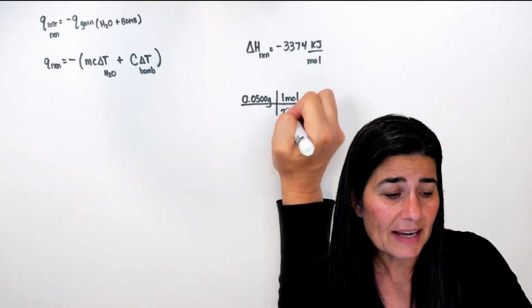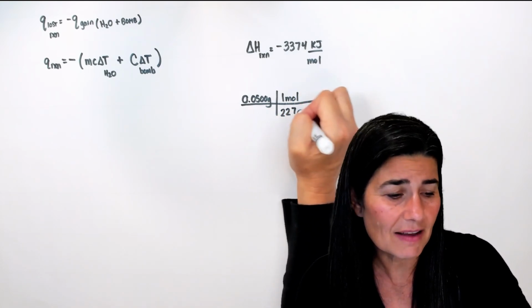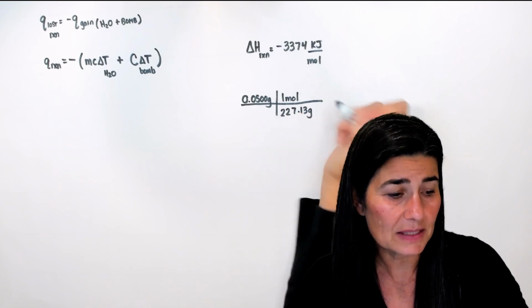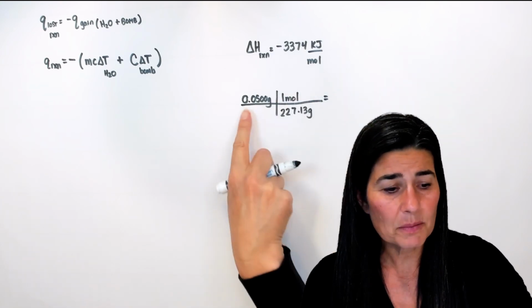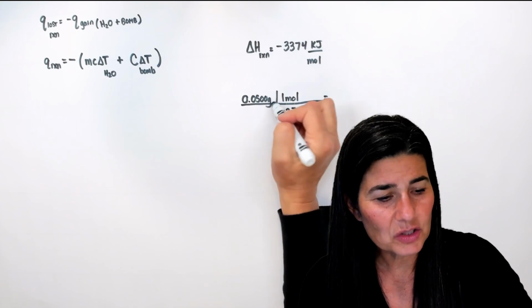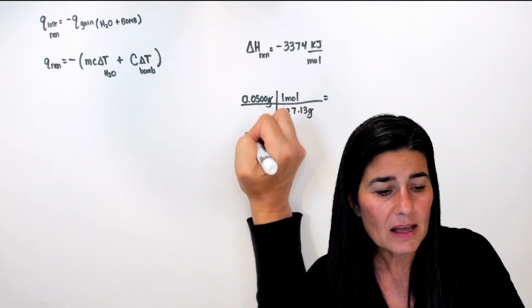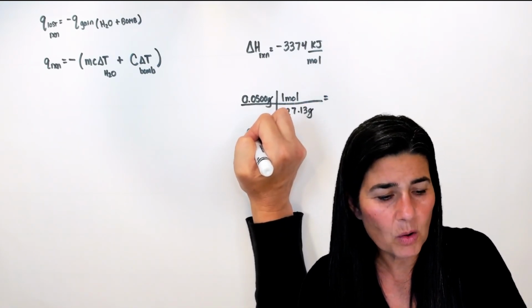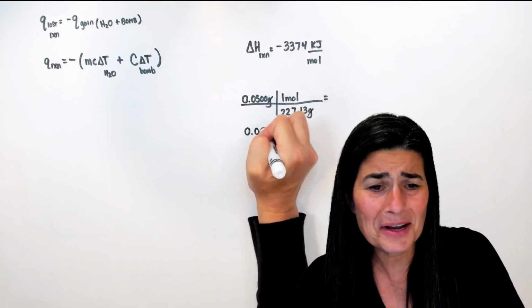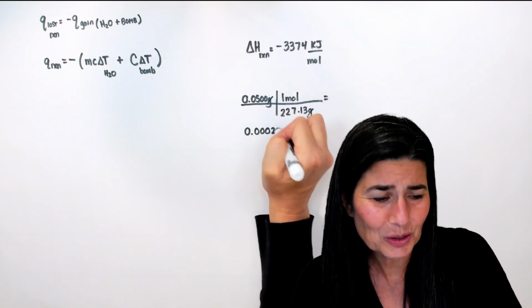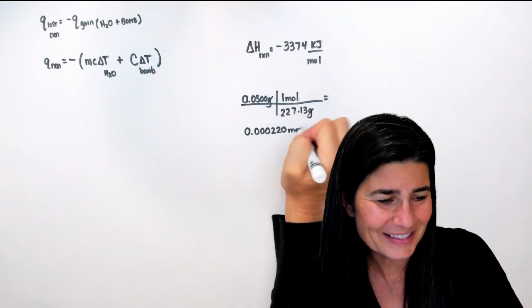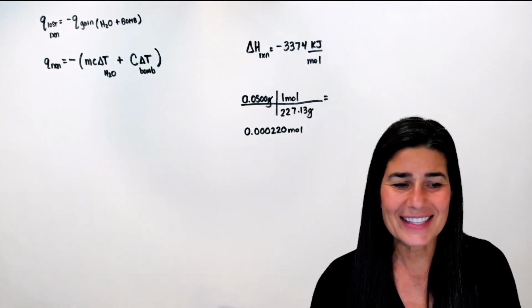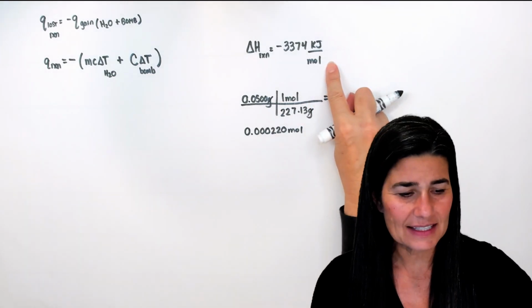It has a molar mass of 227.13 grams. If we take our 0.05, divide by 227.13, we end up getting for our number of moles 0.000220 moles.